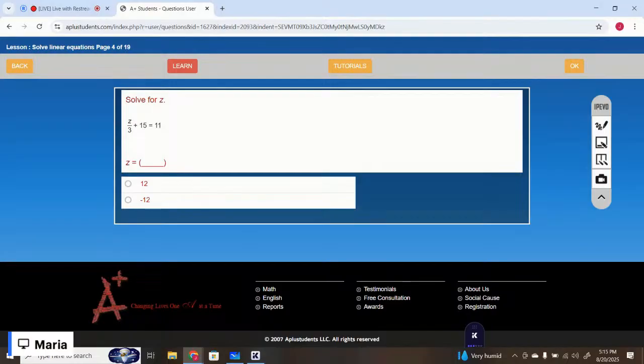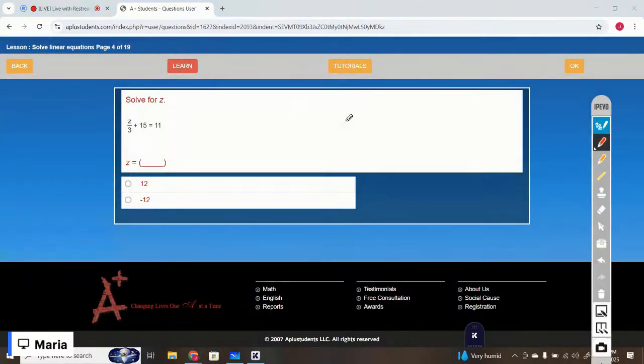z divided by 3 plus 15 equals 11. So z divided by 3 equals 11 minus 15. z equals negative 4 times 3.